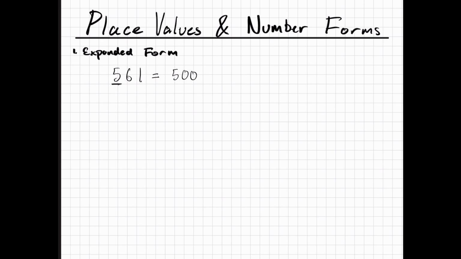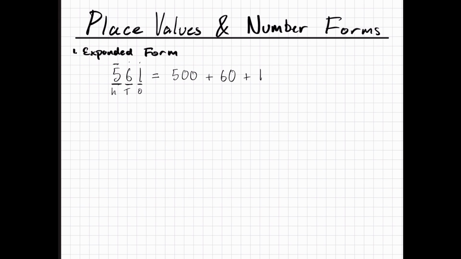That's what this 5 represents because it's in the hundreds place. 500 plus, well, what does this 6 represent? This is the tens place, right? So that would be 60, that's 6 tens. And then this is the ones place, which is just an additional 1. So we can write 561 as 500 plus 60 plus 1, okay?